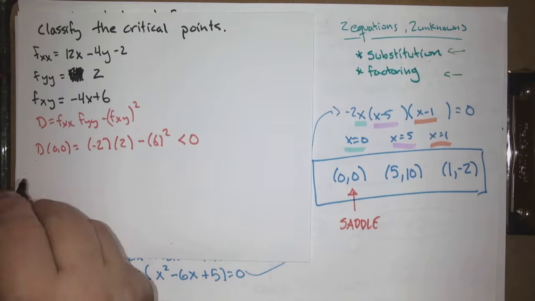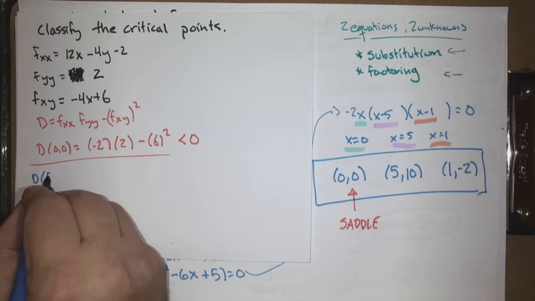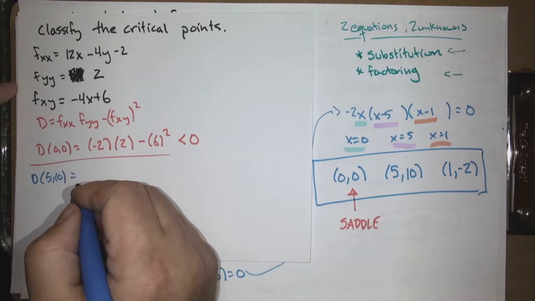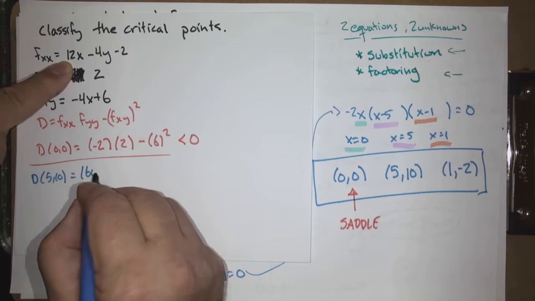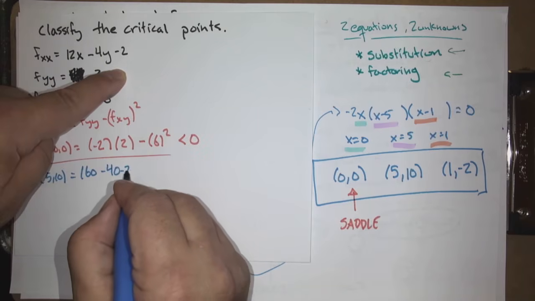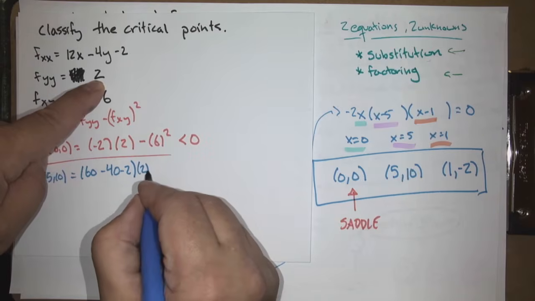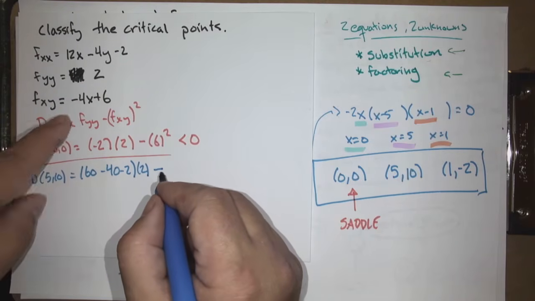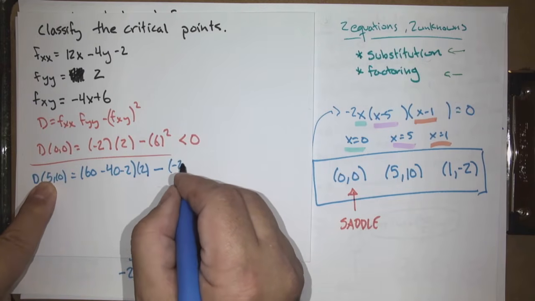Let's go to the next one. So we'll do 5, 10. Okay, so 12 times 5, 60, minus 4 times 10, minus 40, minus 2, times 2, minus, it's minus 20 plus 6.